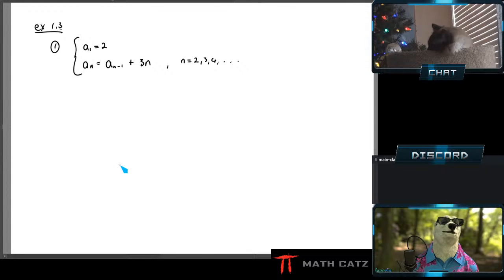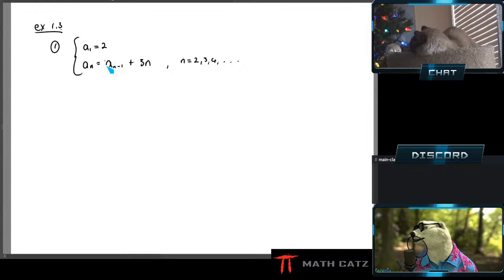All right. First issue, is it a recursive formula or not? Now I do see, feel free to interrupt me at any time, I do see the presence of an n. That doesn't make it explicit. The presence of this A makes it recursive.